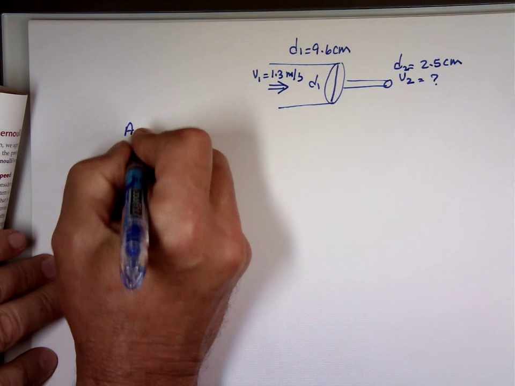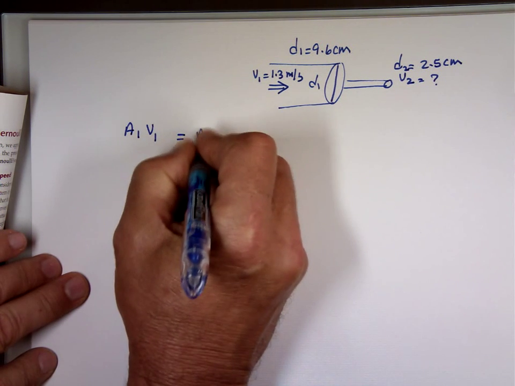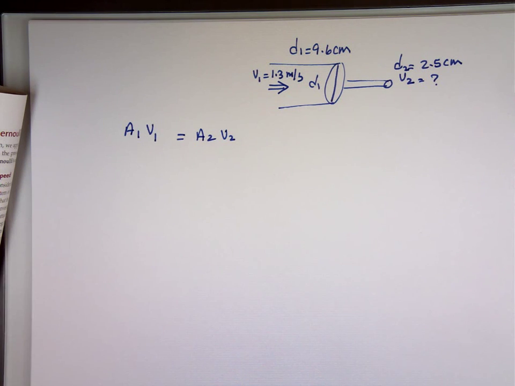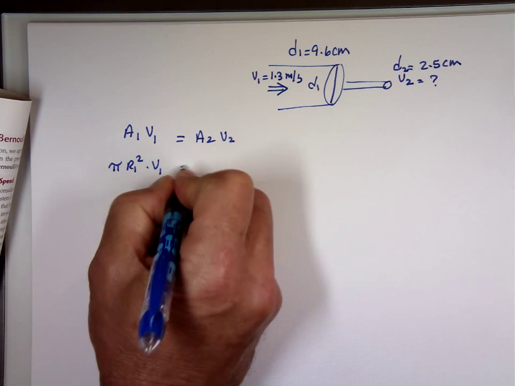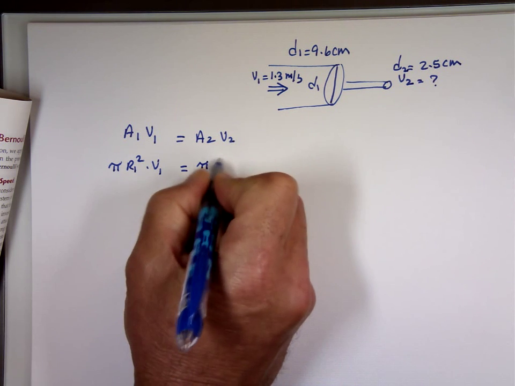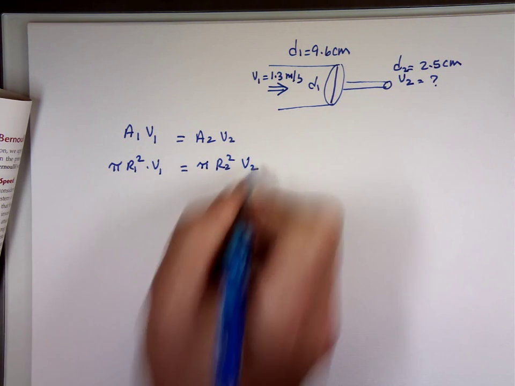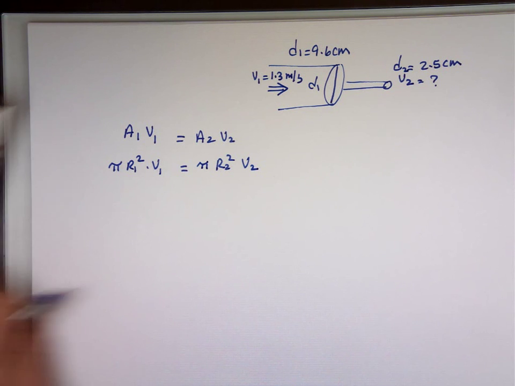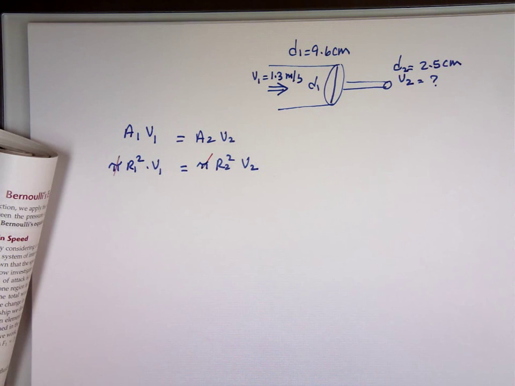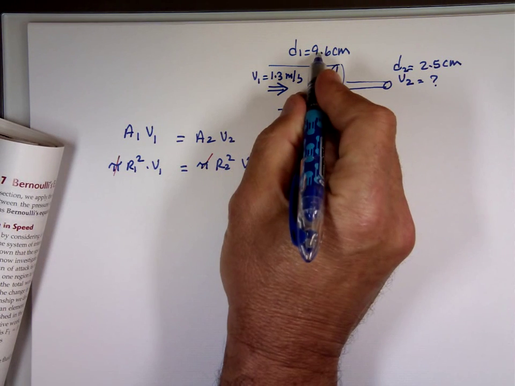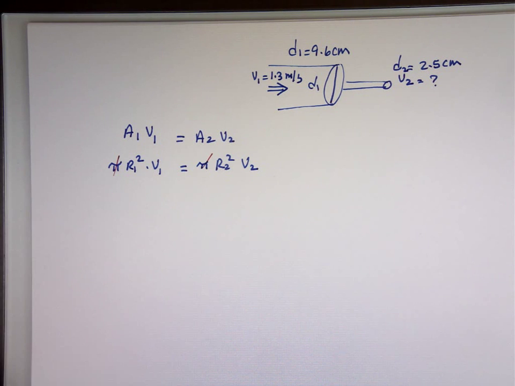The equation is area 1, velocity 1 equals area 2, velocity 2. That's the equation of continuity. Area 1 is pi r1 squared times v1 equals area 2, which is pi r2 squared times velocity 2. Since pi shows up on both sides, I can just drop it mathematically. R1 is what? What's half of 9.6? 4.8.